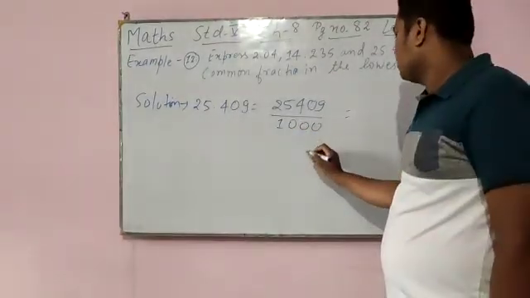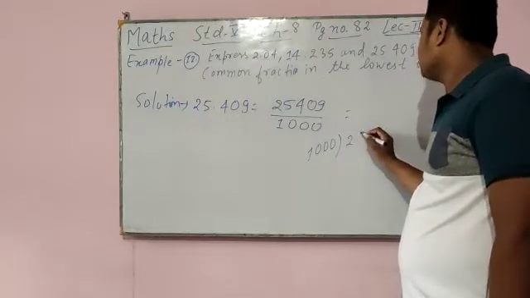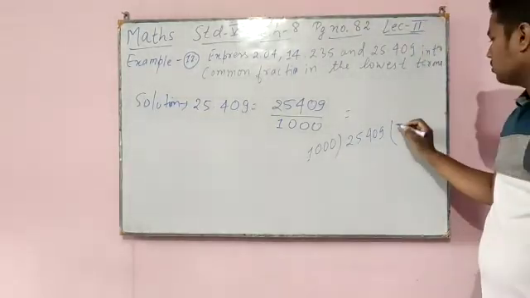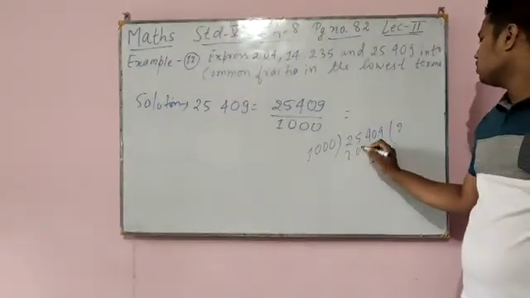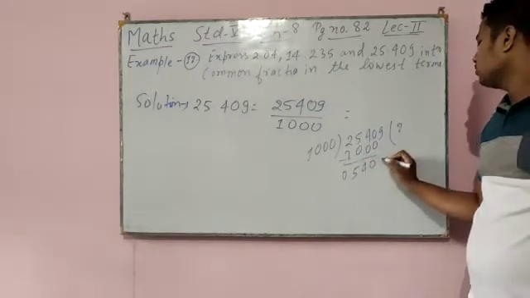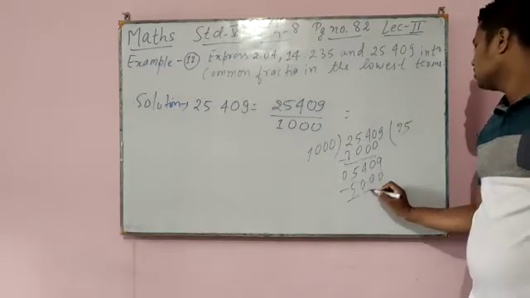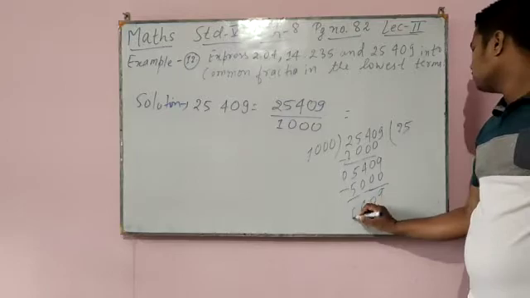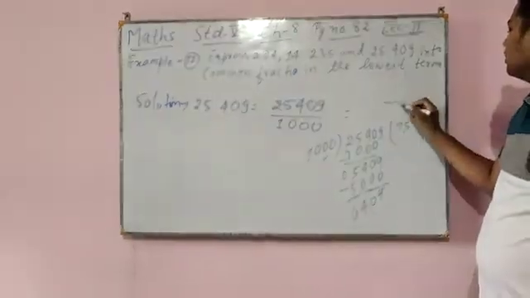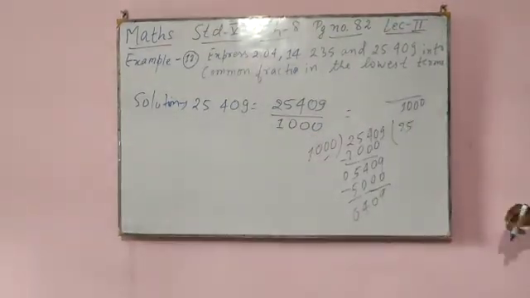See, 1000 divide 25,409 by 1000. This I am teaching you how to change into mixed fraction. See, this is divisor, so divisor will write here because whatever denominator is there that you have to write here.